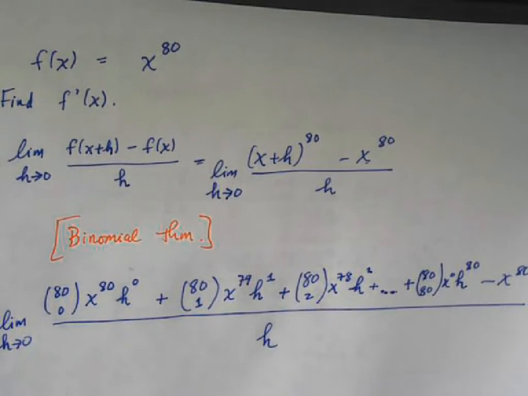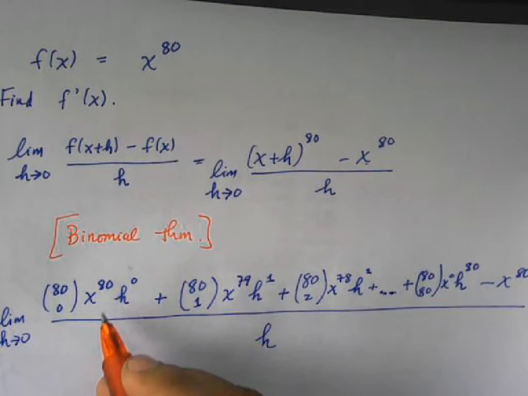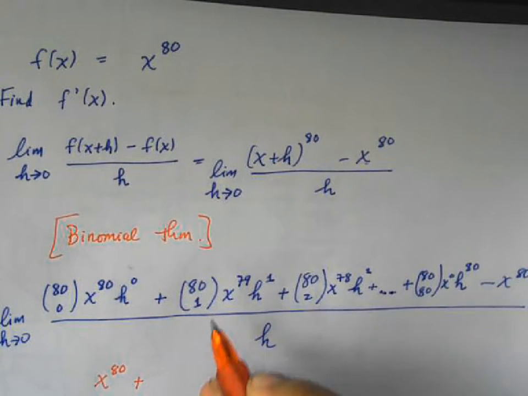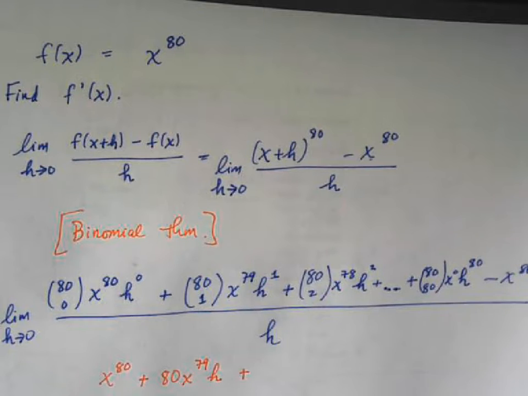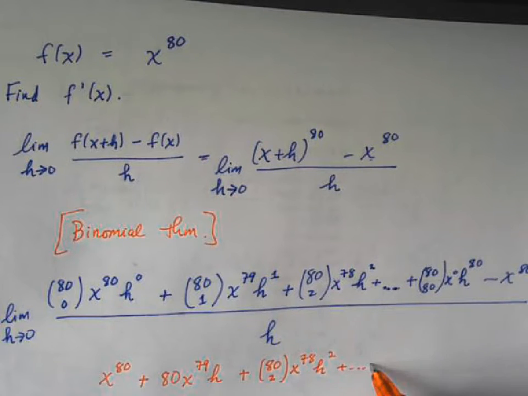Now let's do some simplifying here. Well, 80 choose 0 is just 1, x to the 80th is x to the 80th, h to the 0 is just 1, 80 choose 1 is 80, x to the 79th power, h, plus 80 choose 2 is some gigantic number that I am really not going to bother figuring out at this point, x to the 78th, h squared, and so on.